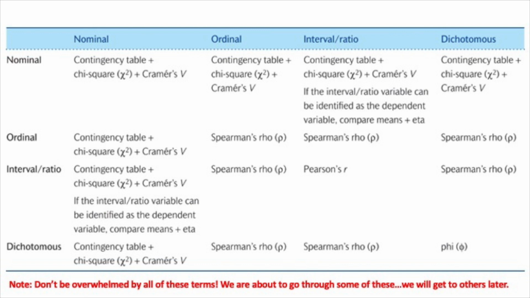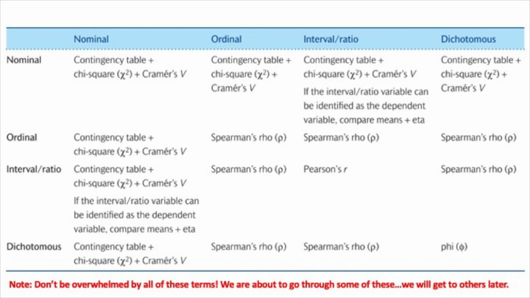So you just find the cell where you have overlap for both of your variables. So if you were doing nominal and nominal, like the example in the previous slide, for the rows, we would look at nominal, then for the columns, we'd look at nominal, and it says here that you would do a contingency table, a chi-square test, and Cramer's V.